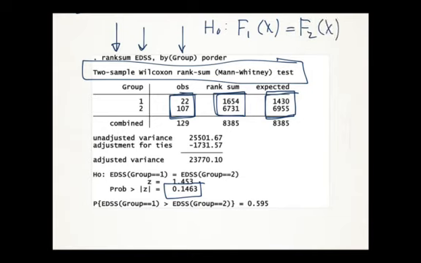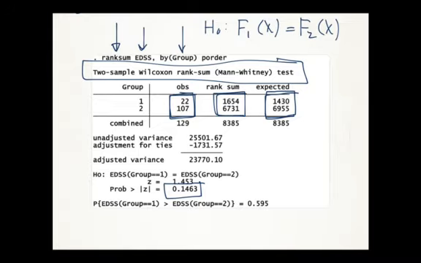It assumes the same shape. So there's not a large loss of power in using a Wilcoxon rank sum test compared to a t-test, even if the normality assumption holds. But remember that if normality does not hold, or if we have ordinal data like we did in the example, the Wilcoxon test is preferred.